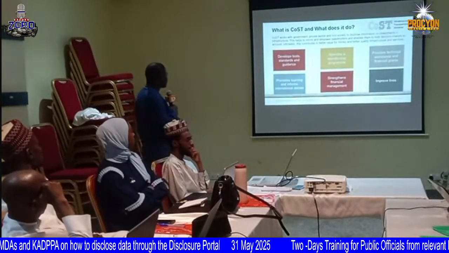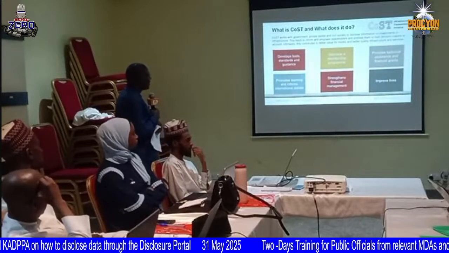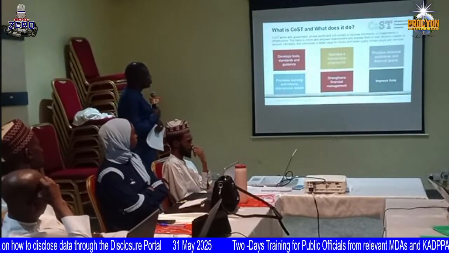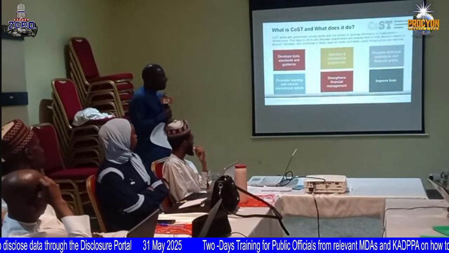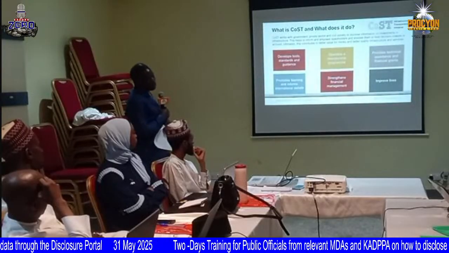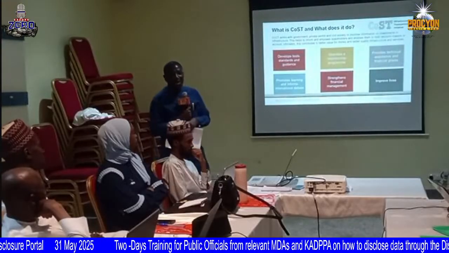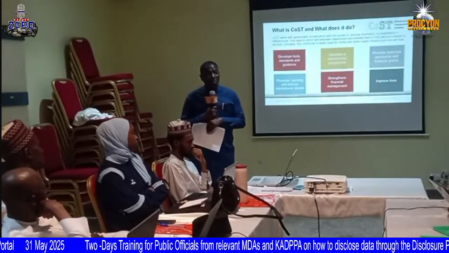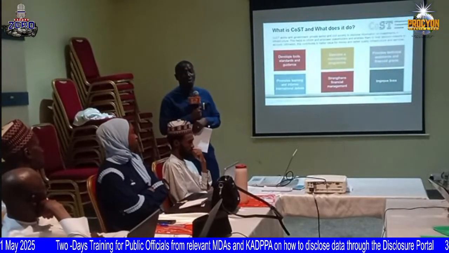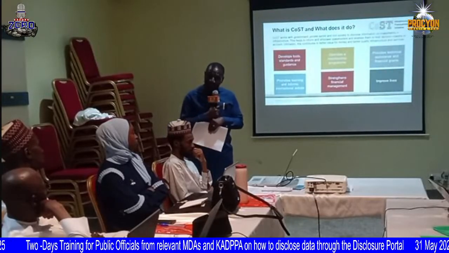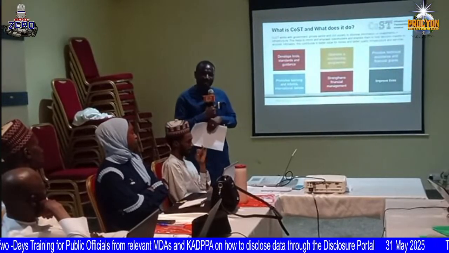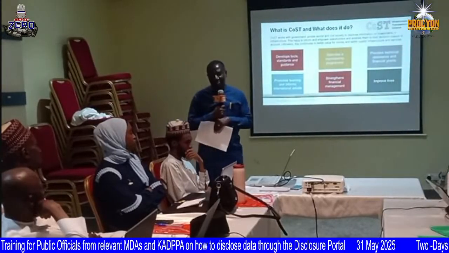Now, what is CoST? CoST works with government, private sector, and civil society to disclose information on investments in infrastructure. So if you are a member of CoST, you are supposed to have three categories of stakeholders on one table. The government has to be there, the civil society has to be there, and the private sector has to be there.